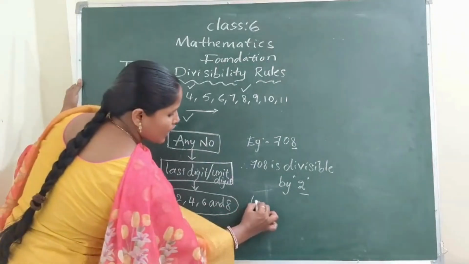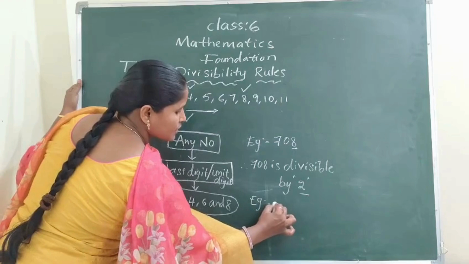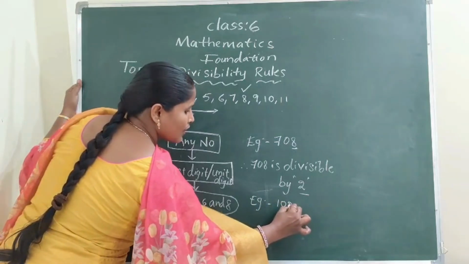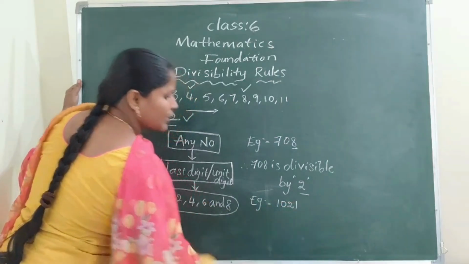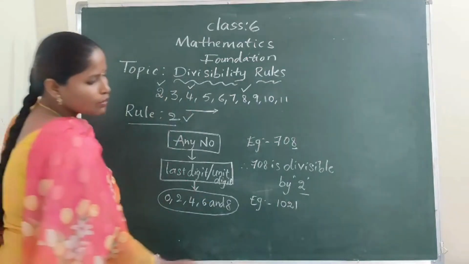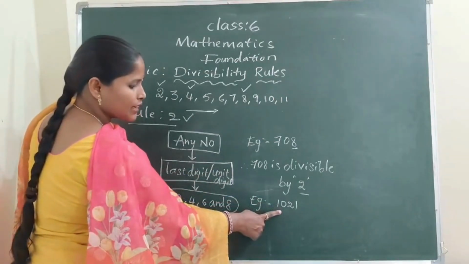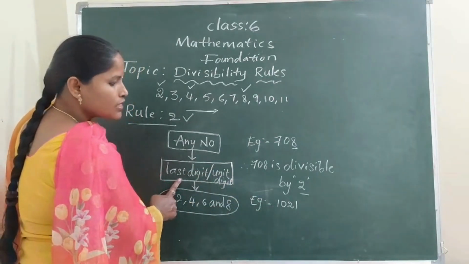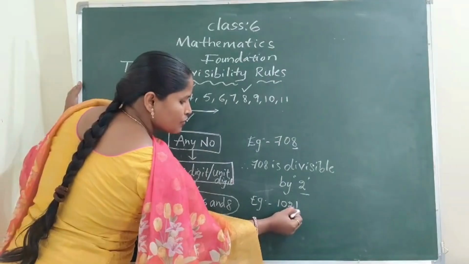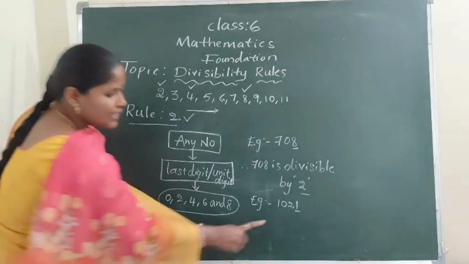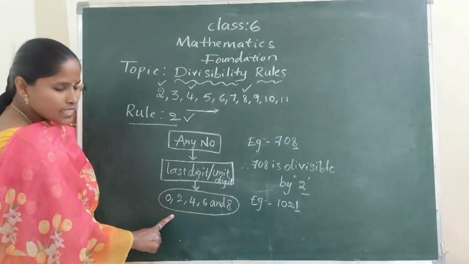For example, I am giving you the number 1021. Any number, I gave 1021. What is the last digit of this number? The last digit is 1. Is 1 present in this list?